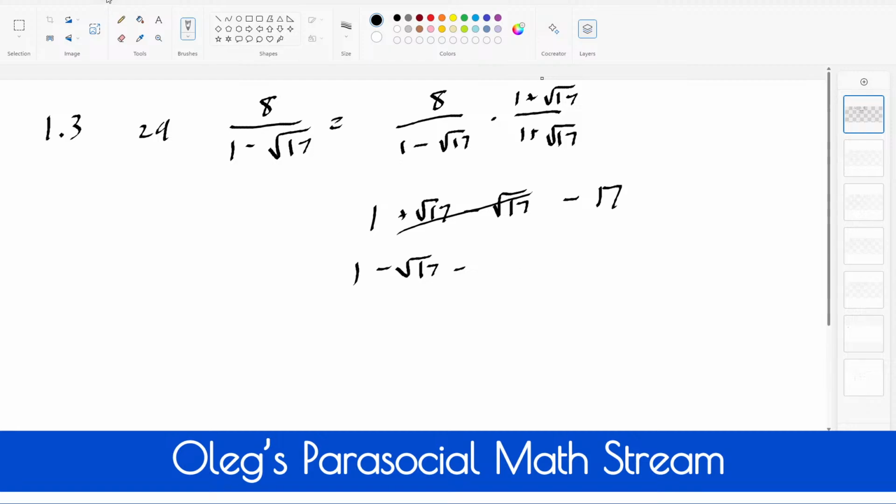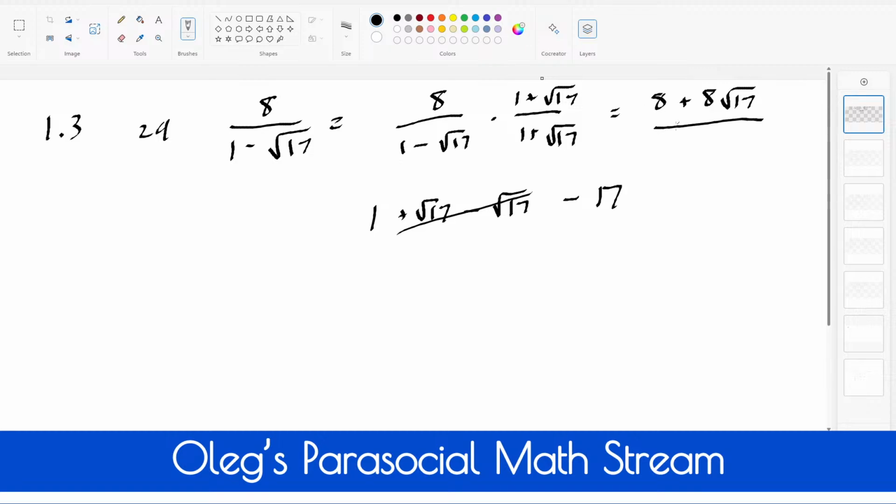Okay, but so first I'm just going to keep the demonstration. So I've established that. That's very convenient for us because we're going to really rationalize it now. So then the top is going to be 8 times 8 root 17.